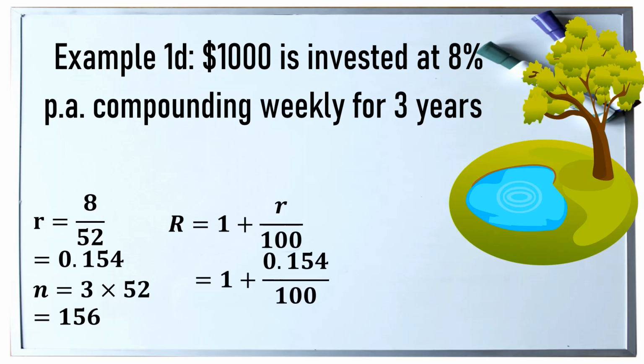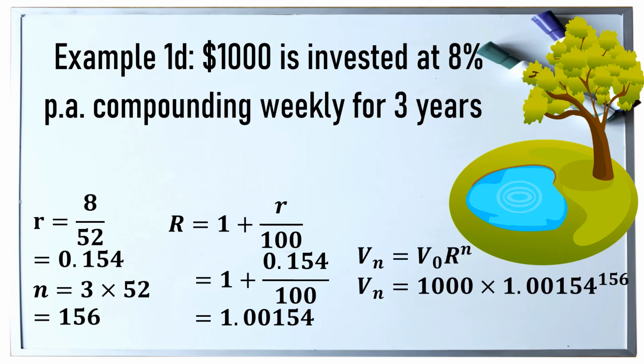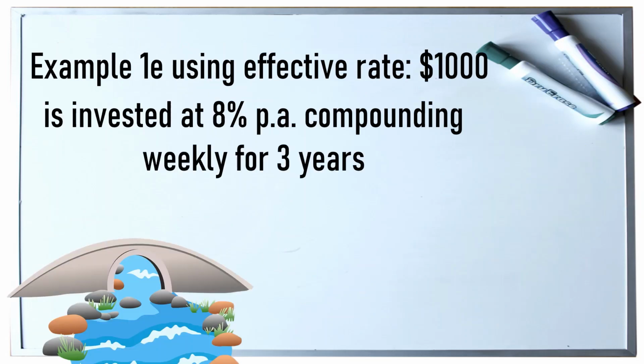We can then find out our R value, which is 1.00154, and then we can finally work out our total amount, which ends up being $1,271.01.